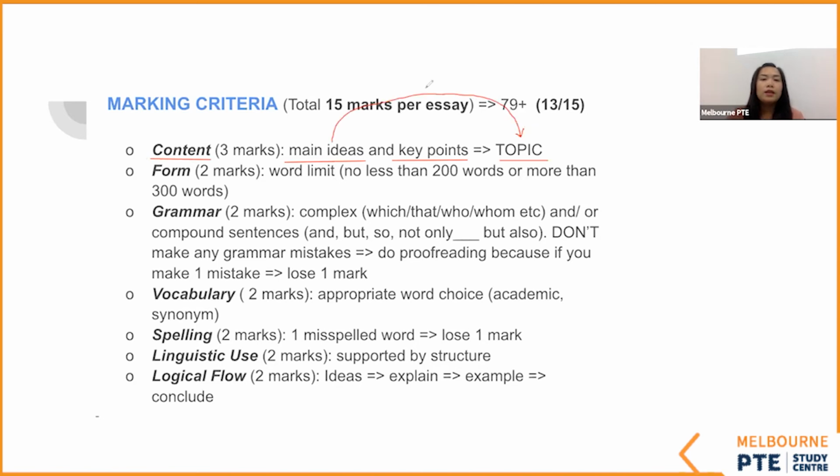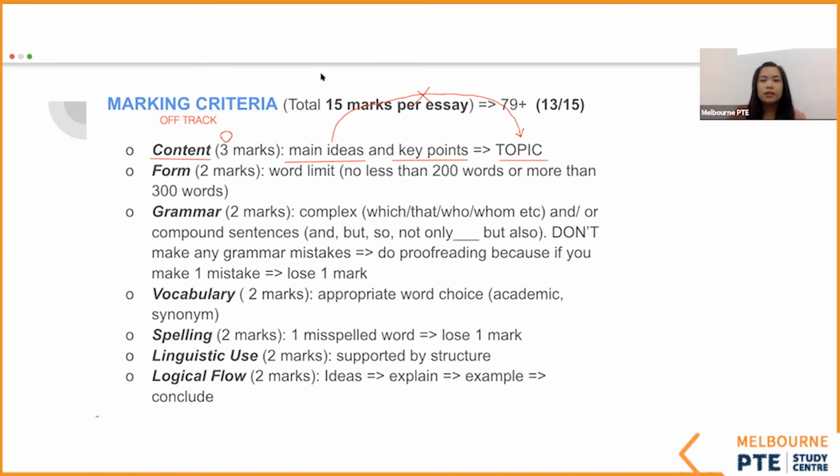If your idea doesn't relate to the topic, that means you will end up with 0 for the content. So that means your essay is off track, okay? So content is the main idea that relates to the topic of the essay, okay?